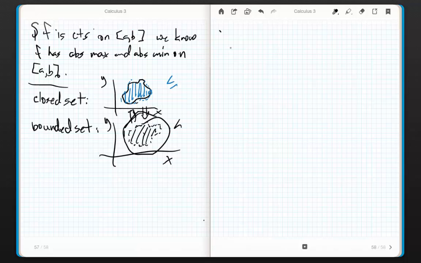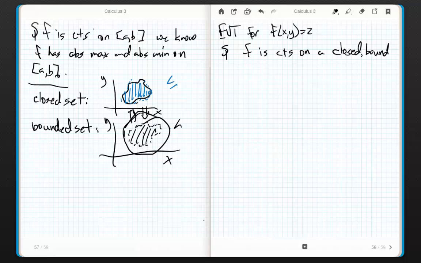What I would like to do is give you the extreme value theorem. I'm going to give you the EVT for f of x, y, which I haven't done in a while. Let's call it z. Suppose f is continuous on a closed, bounded set D. Now this D, as opposed to the determinant, is the actual domain of the function, D in R2.